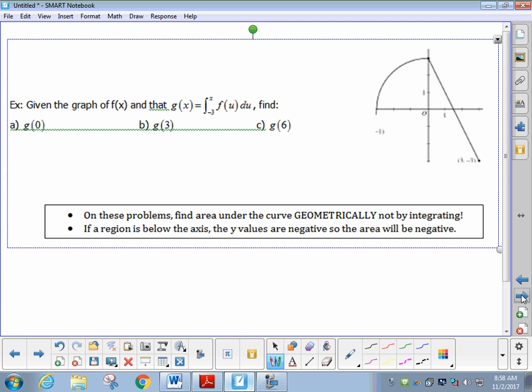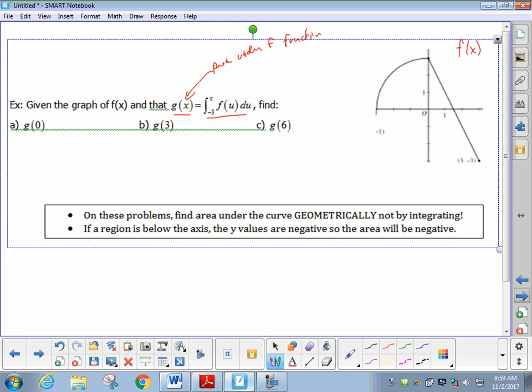Let's then look at this in a common AP kind of problem. I am giving you that this is the graph, some graph of f of x, okay? G of x is an area under the f function. It's an integral defined function. It's defined as the area under the f curve from -3 up to some point.